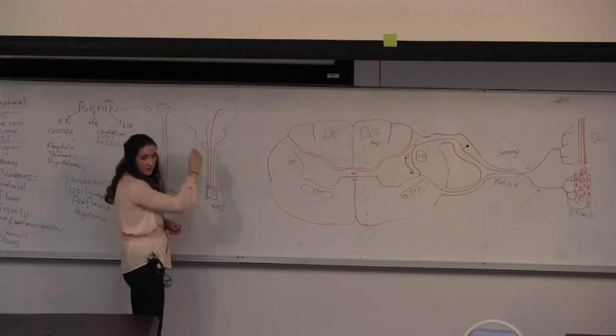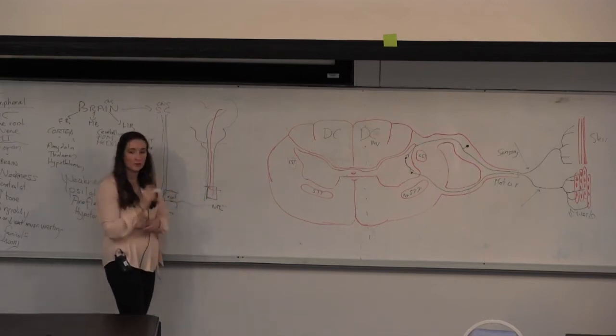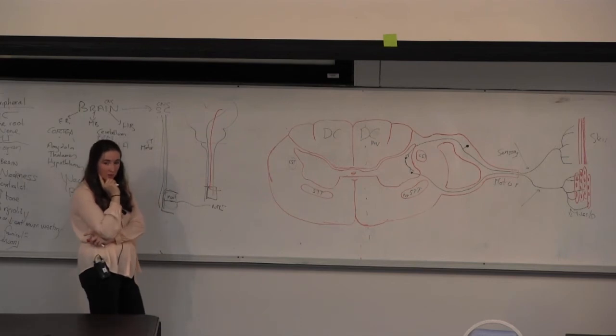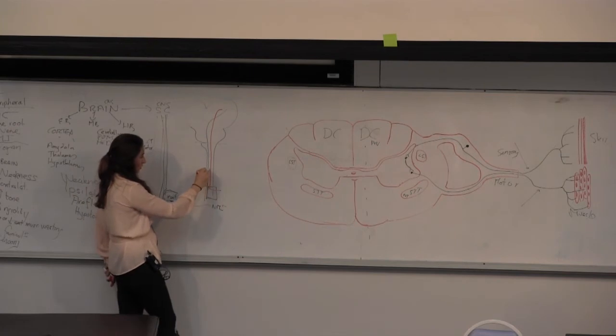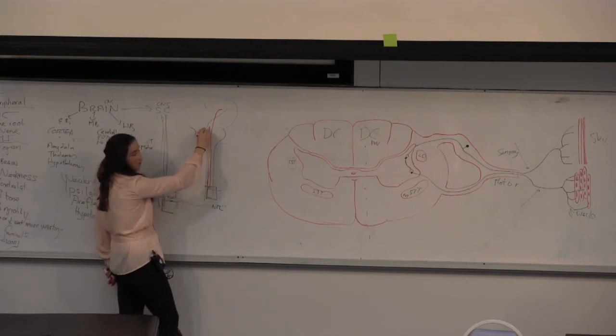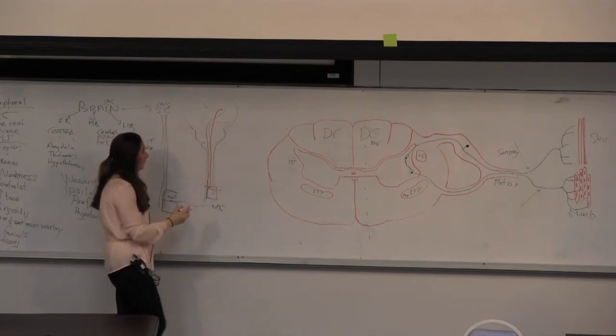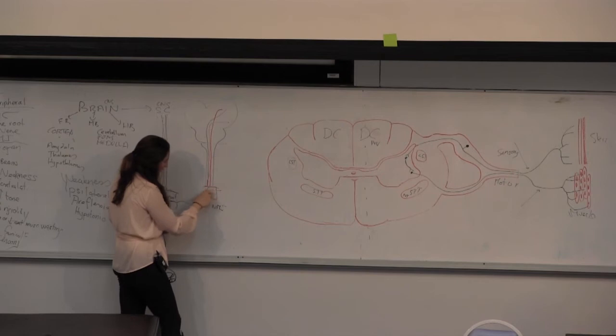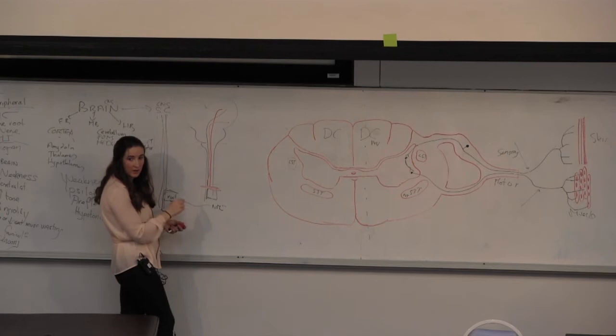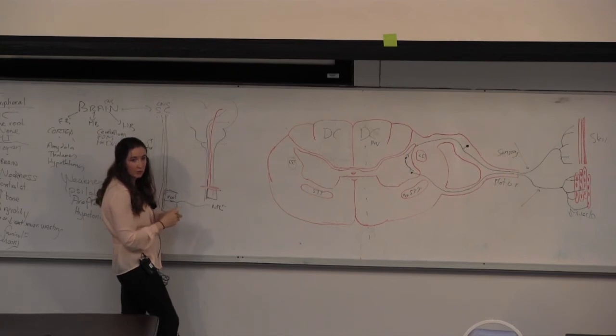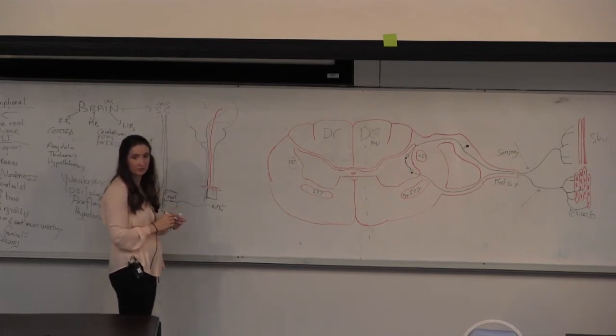Whereas with the dorsal column, what happens? You go off with the midbrain. Yeah, so it goes all the way up here, and then it crosses over. Yeah. So if you have a lesion here, can you see that it will cause, therefore, ipsilateral loss of dorsal columns, contralateral loss of spinothalamic tract, all because of where the decussation occurs. Okay?